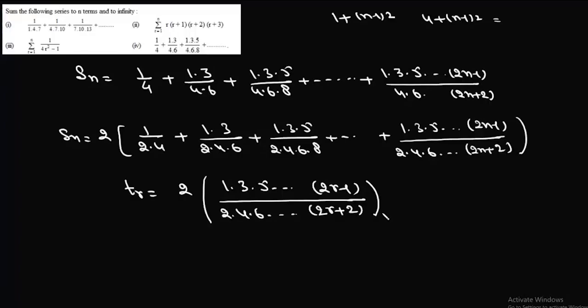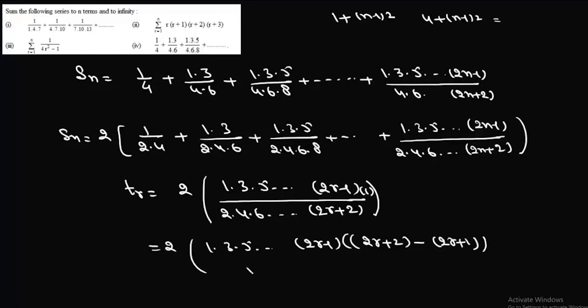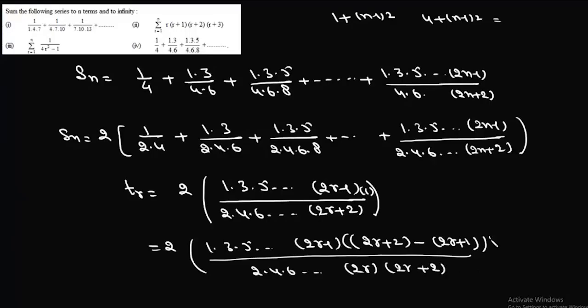So we have to introduce a minus b into this. So what we'll do is we'll write this as 2 into 1 into 3 into 5 up to 2r minus 1, and we can write this as 2r plus 2 minus 2r plus 1, whole divided by 2 into 4 into 6 up to 2r, and this is 2r plus 2.